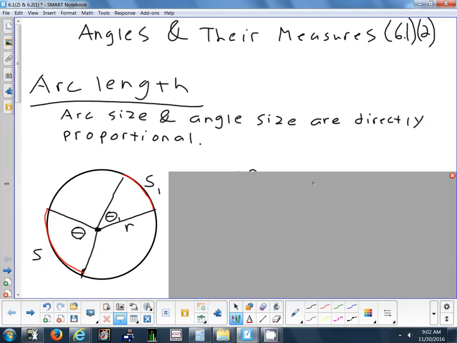Okay, if this angle is a certain size, then the radius and the arc have certain measurements. Anybody remember what I said yesterday? If you make this angle a certain size, then the radius and the arc, there's a relationship between them. Nick? If you make this angle what?